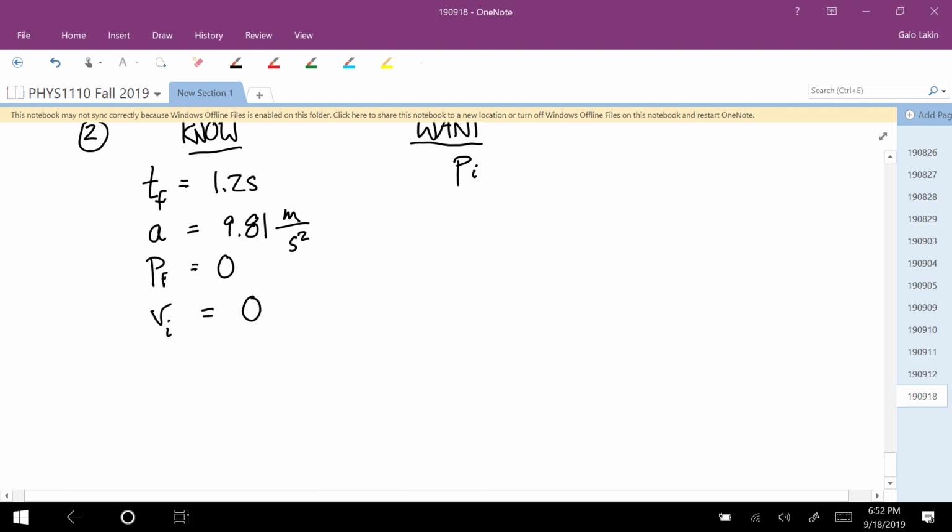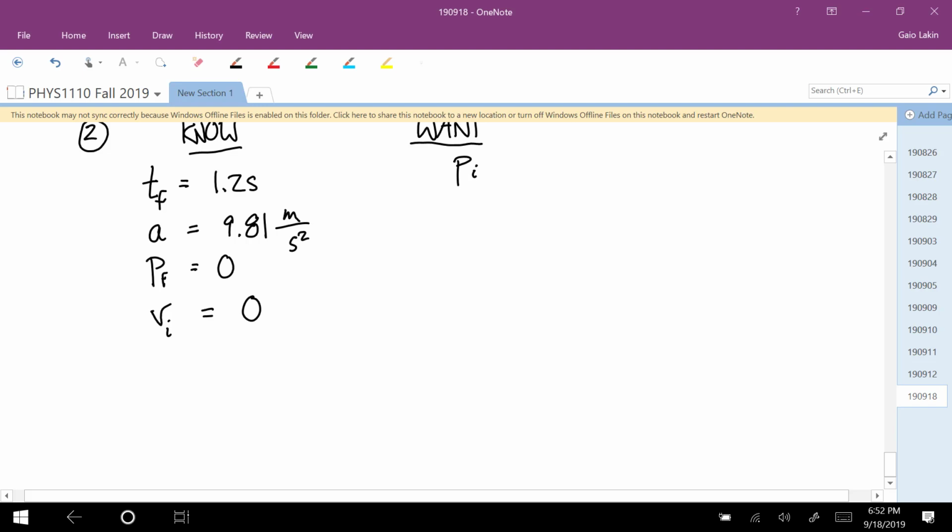So do any of those three constant acceleration equations work? The first one says V final equals V initial and so on, and that one already isn't going to work because we don't know V final and we're trying to find P initial.